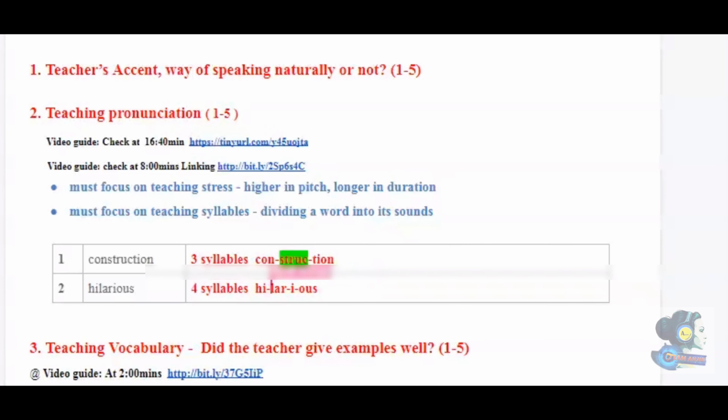Okay, it's fine. So this should be emphasized on the second syllable also. Okay, so it's hilarious. Thank you, Sandy. Now, do you know the definition of these words, or you want me to help you still?